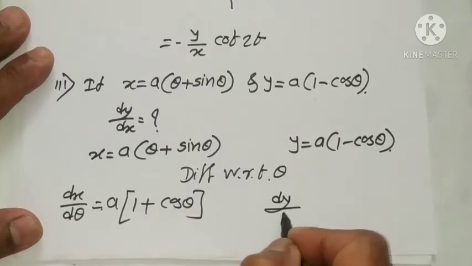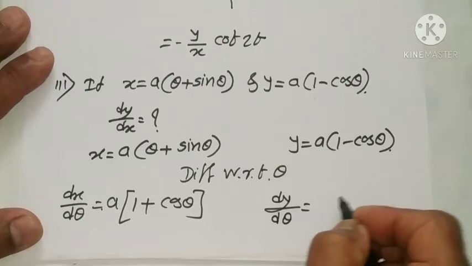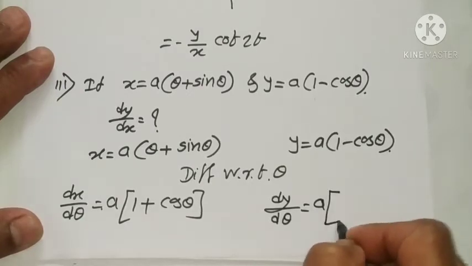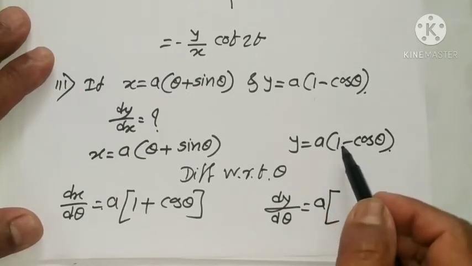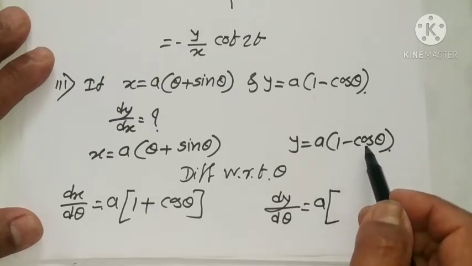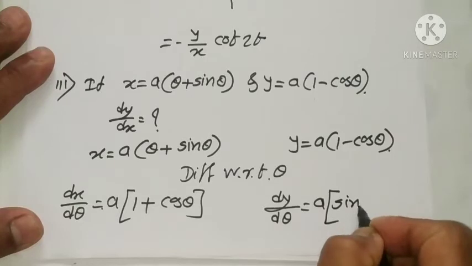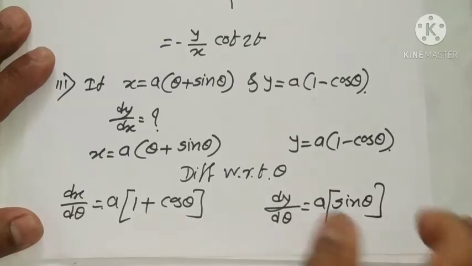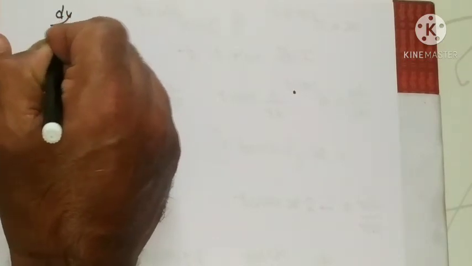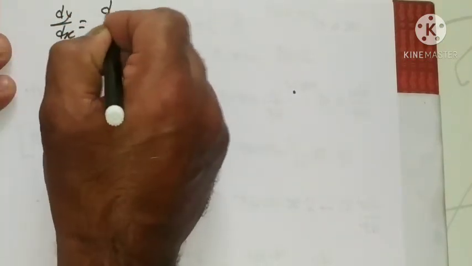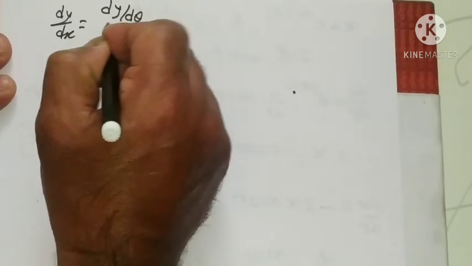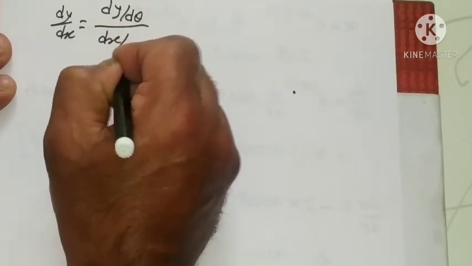For y side, dy by d theta is equals to a, coefficient remains as it is, derivative of constant is 0, derivative of cos is minus sin, minus minus plus sin theta. Then dy by dx is equals to dy by d theta divided by dx upon d theta.